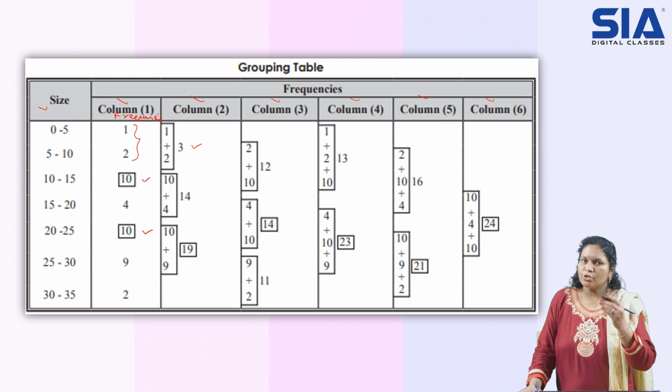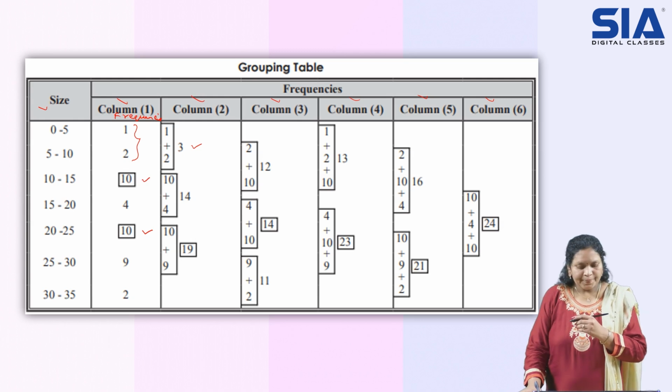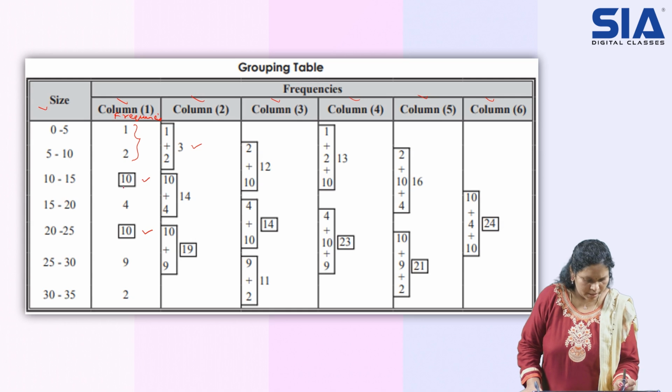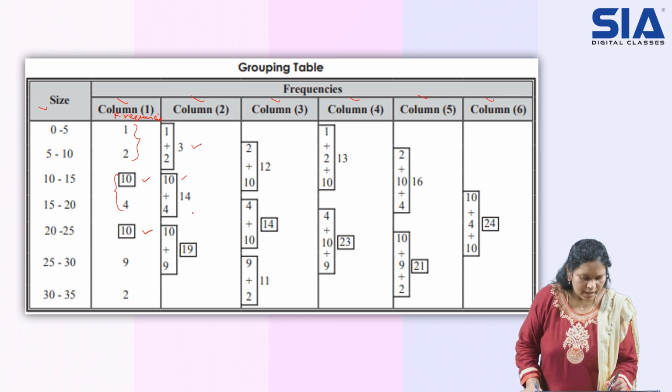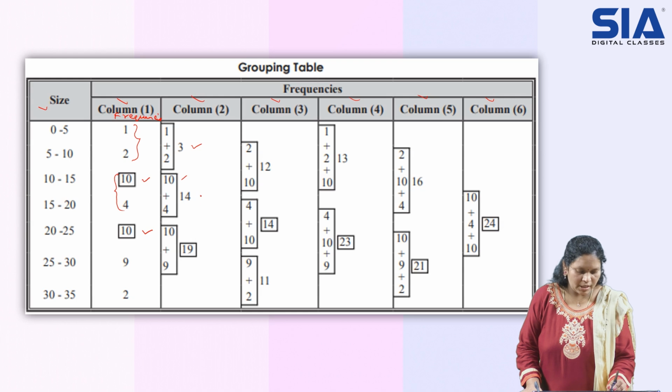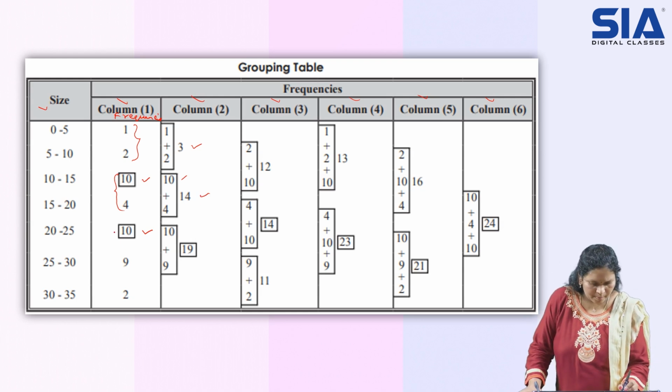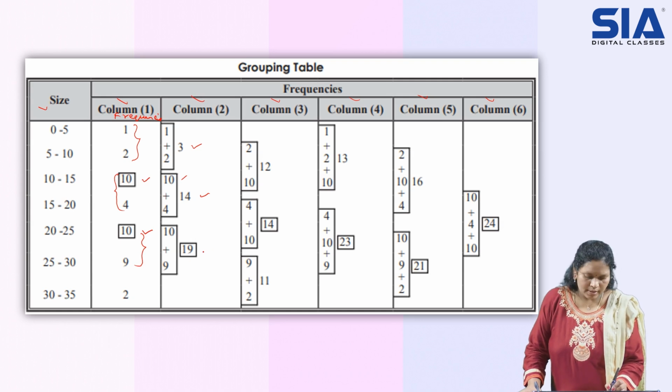Clear? First two values adding is your first target. Next two values: 10 plus 4, that is 14. Next two: 10 plus 9 goes to 19.